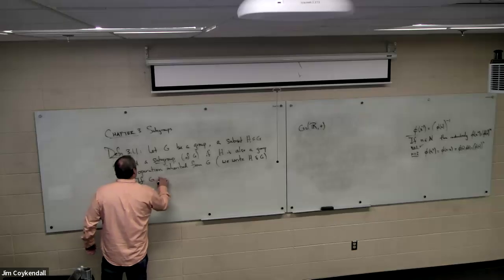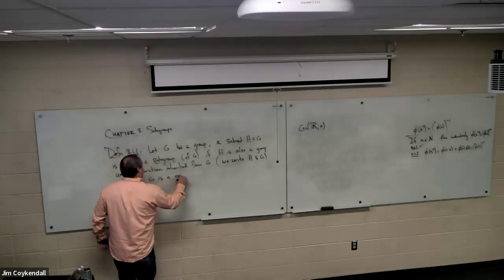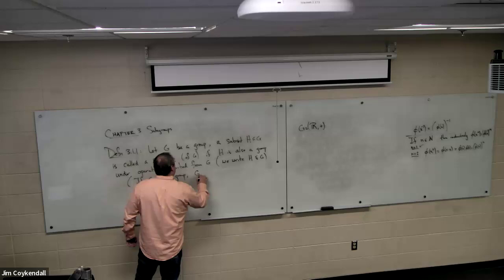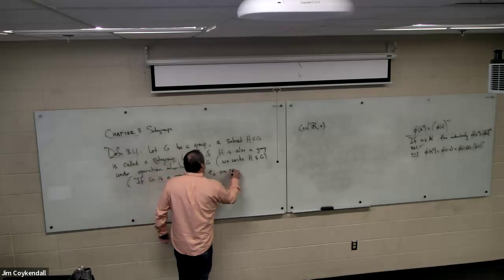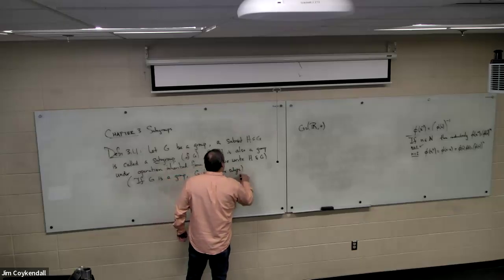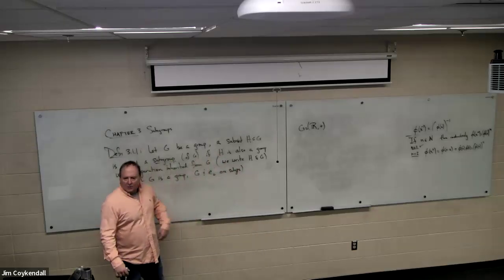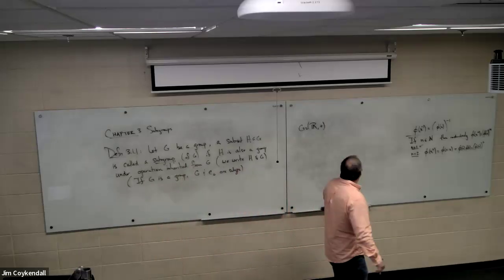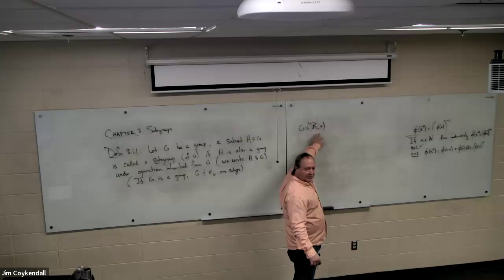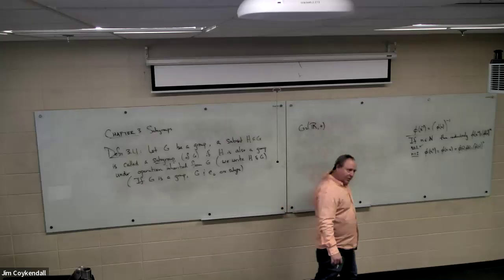If G is a group, G and the identity of G are subgroups. So Mint pointed out that zero is a subgroup of this. That is true, right? That's true for any group.